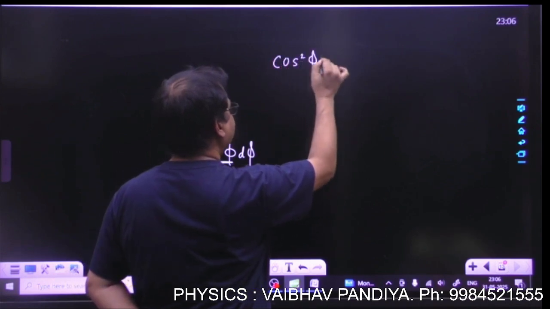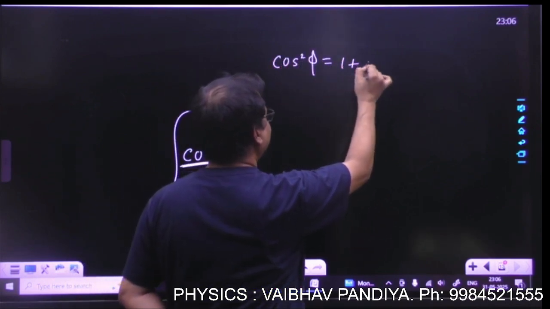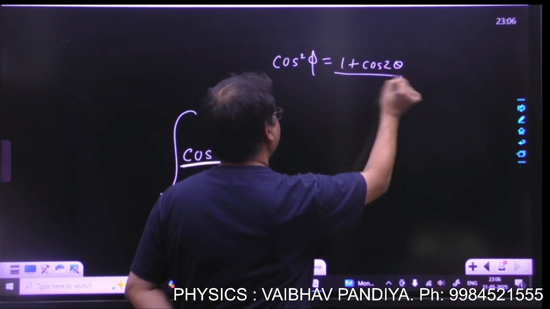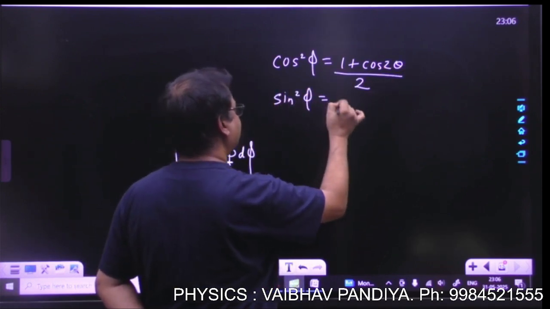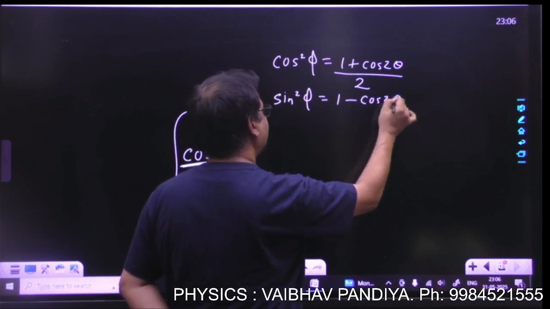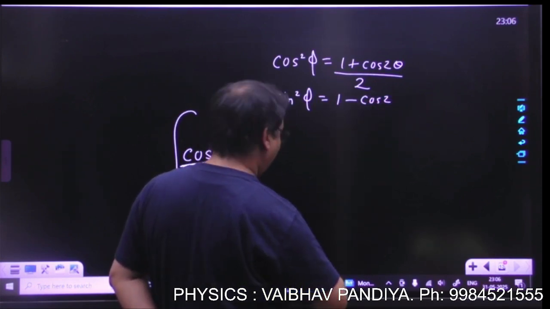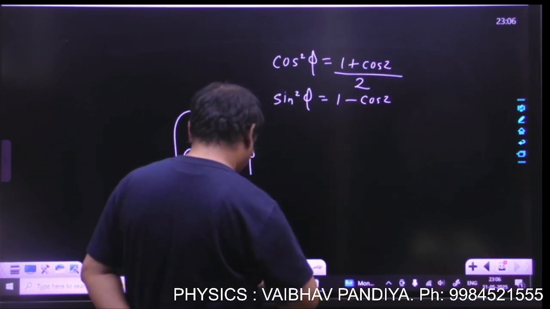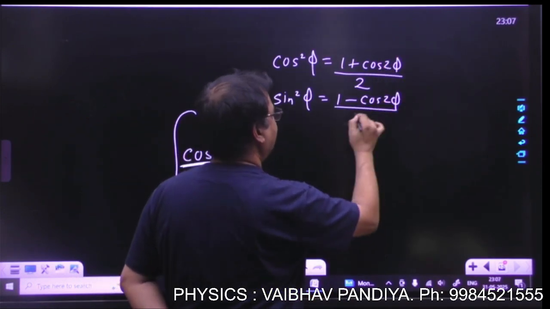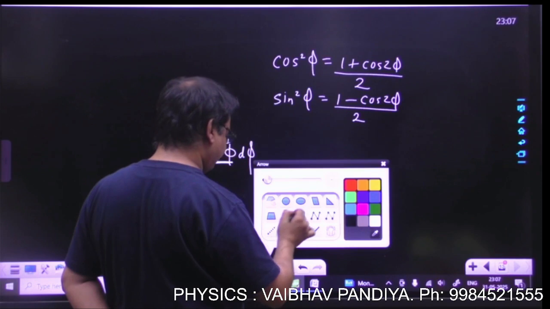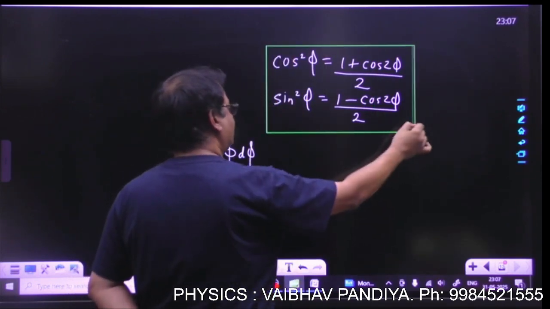Cos square phi can be written as 1 plus cos 2 phi by 2, and sin square phi can be written as 1 minus cos 2 phi by 2. These are the basic trigonometric formulae which I've already told many times in the classes. If you don't know, you can write here.